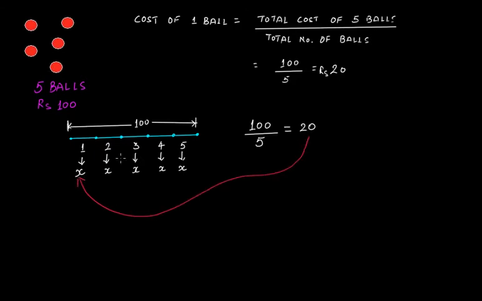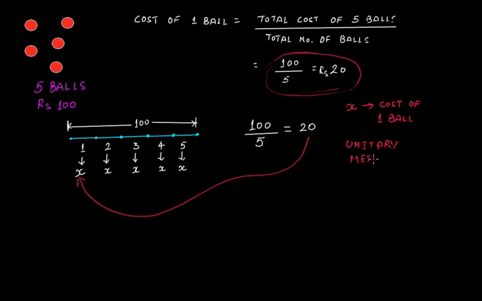Because if I divide 100 into 5 equal parts, then each part will represent the cost of one ball. And that's what we did here. So now I know the value of X, that is the cost of one ball. This is what the unitary method is.